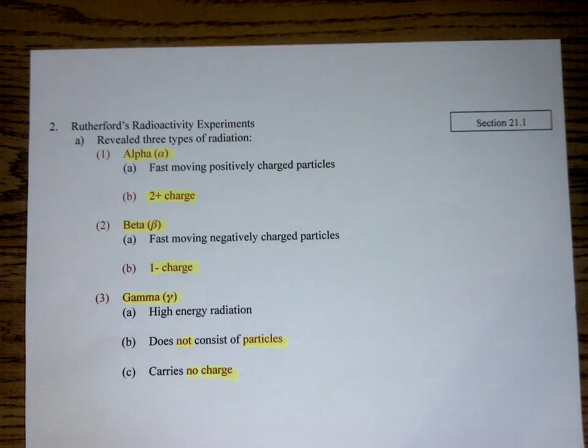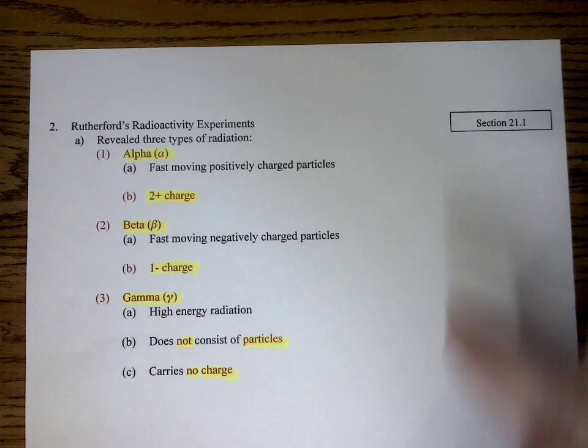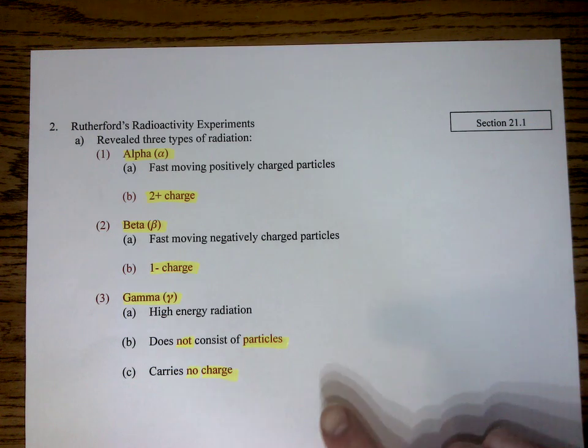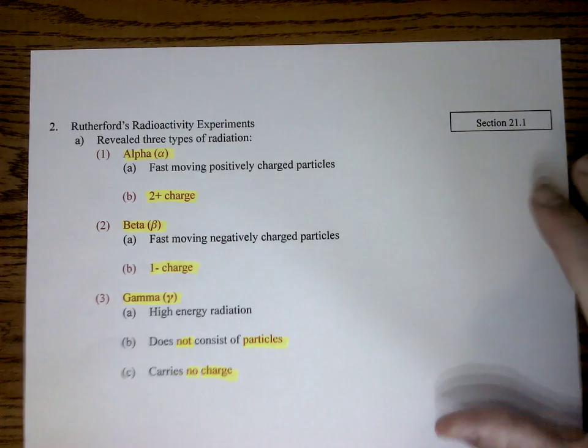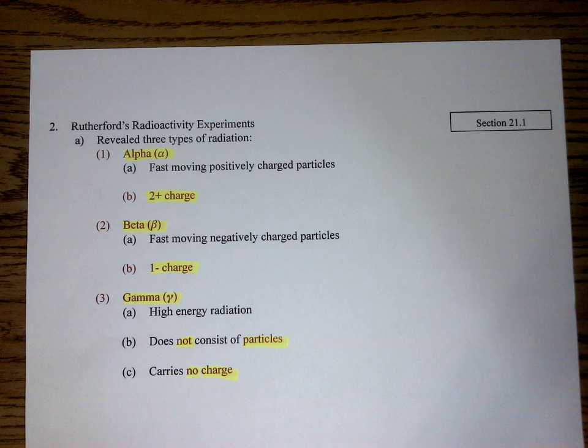Now, there are additional types of radiation, and we'll talk about a few as we get more into these details of these notes. But our alpha, beta, and gamma radiation are distinguished from one another by both their charge and their mass. Okay, so charge and mass, which ultimately are going to affect the nucleus.